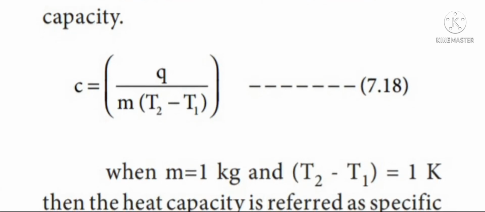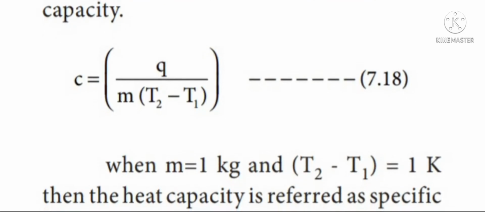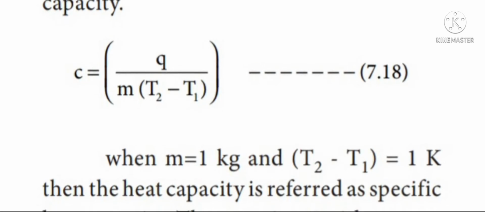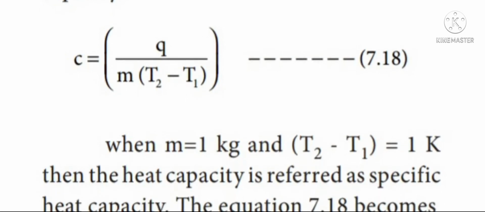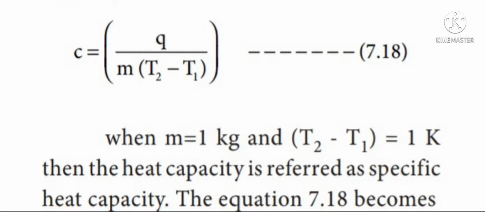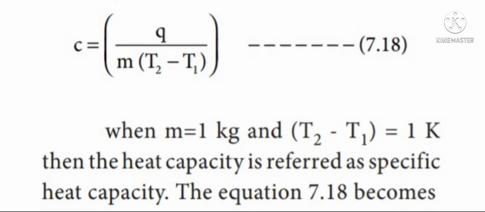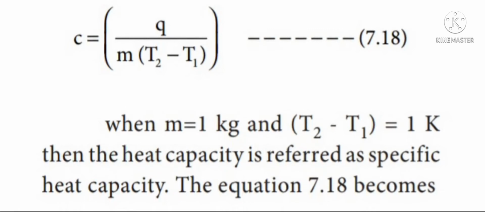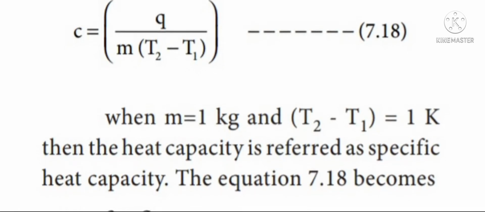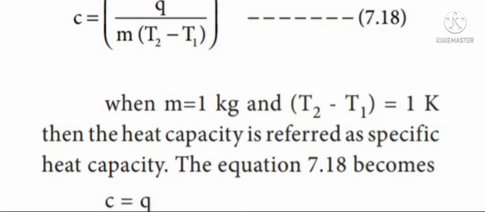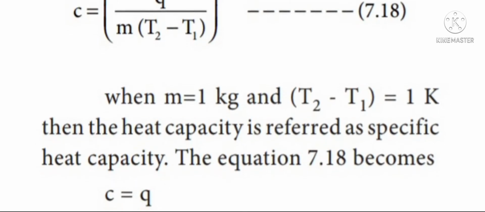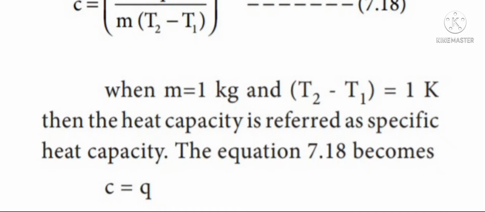Then equation 7.18 becomes C equal to Q, as we substitute mass M equal to 1 kilogram and delta T equal to 1 Kelvin. Here heat capacity is referred to as specific heat capacity.